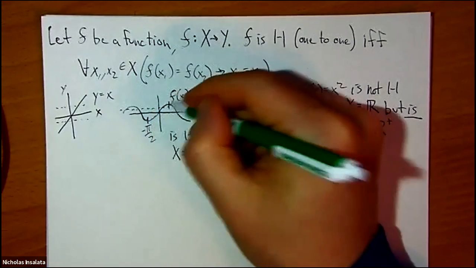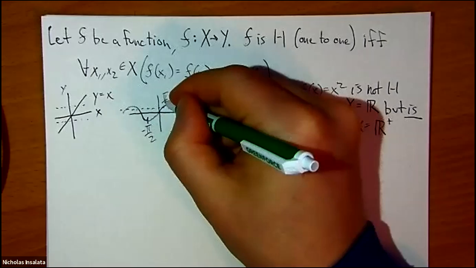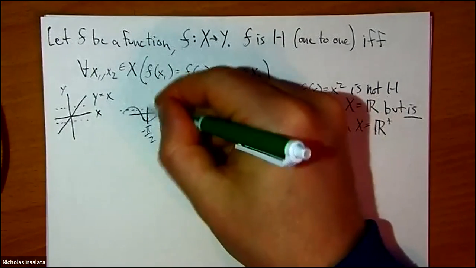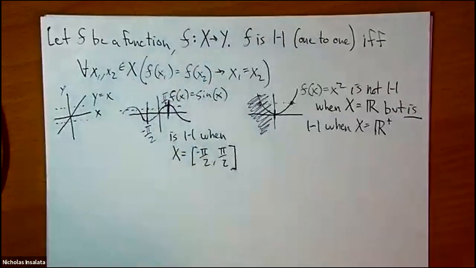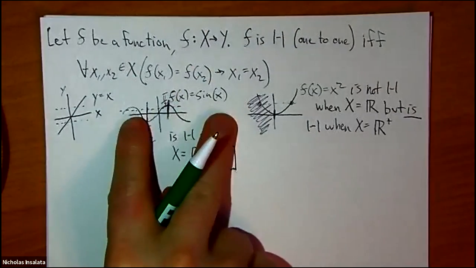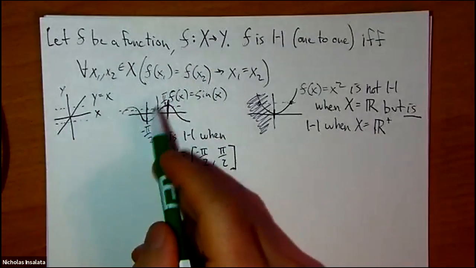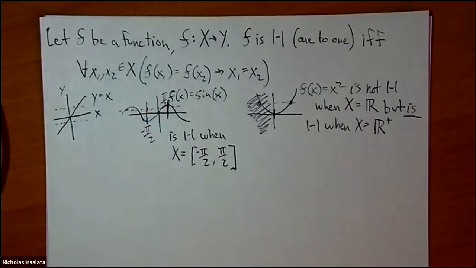Here would be positive pi over 2. Right? And so you can see there that if we limit it to just this interval here, then it certainly is one-to-one. It's when you start expanding out from that, right, that you start getting double intersections on your horizontal line. Cool.